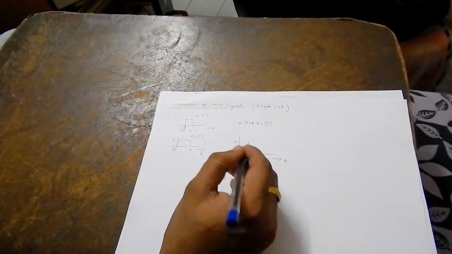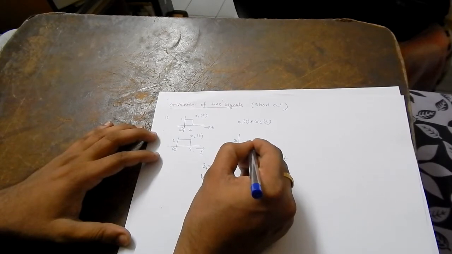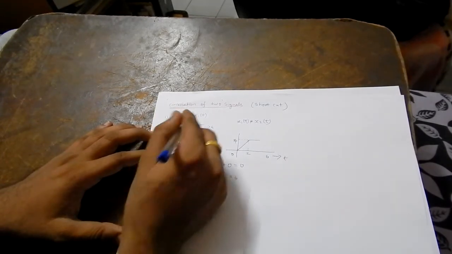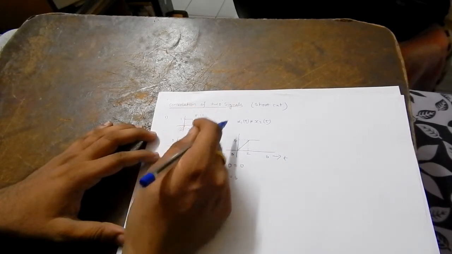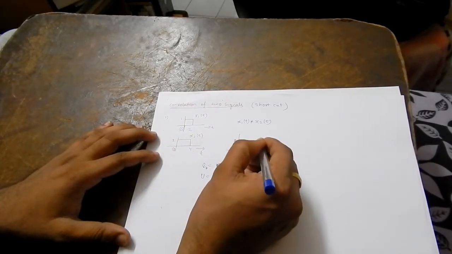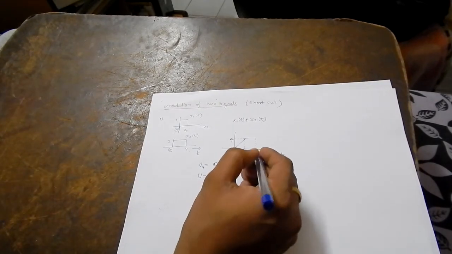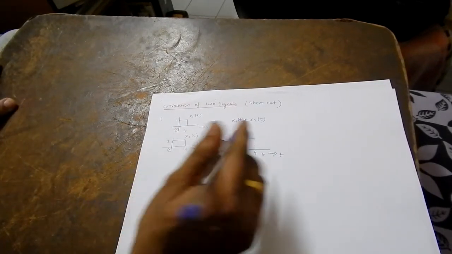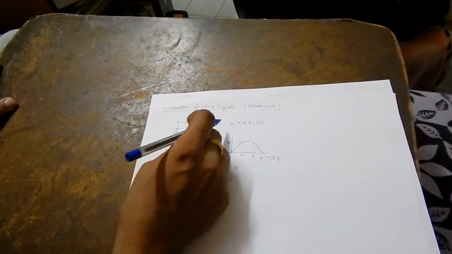So this is 4. After 2, from here no signal exists, but here one signal exists. So from 2 to 4, this is 1. After that, it is a ramp down signal.